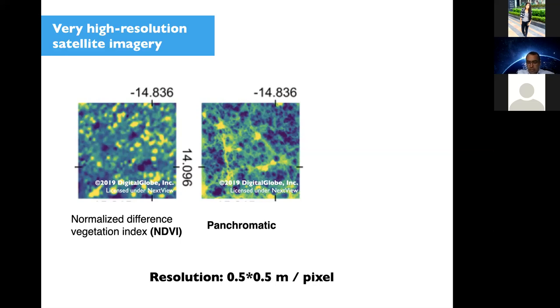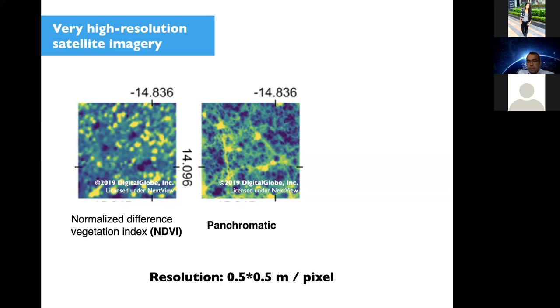The other band that we were using was NDVI, the normalized difference vegetation index. It's not a natural frequency in the light spectrum, but an artificial band. It was developed artificially to detect trees from space, which was its original application.